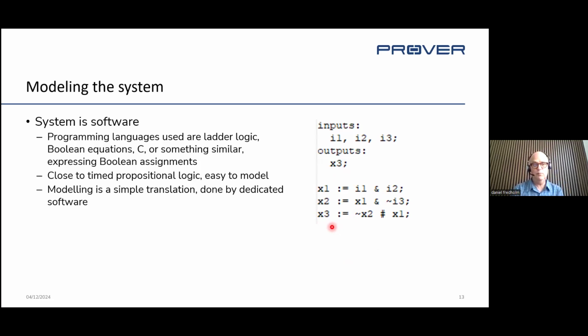And this is very similar to PLC units used in process industry. And for similar reasons as for the PLCs, the computer systems that you use for signaling systems are usually this simple.